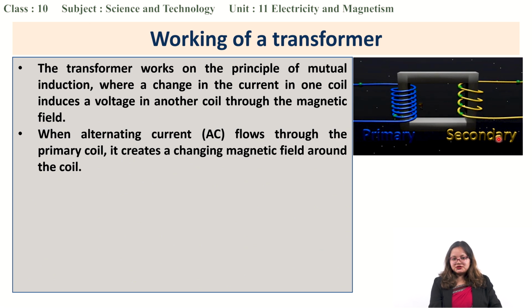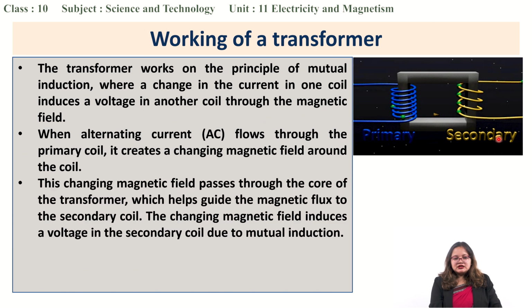It flows through the primary coil, creating a changing magnetic field around the coil. This changing magnetic field passes through the core of the transformer, which helps guide the magnetic flux to the secondary coil. And of course, the changing magnetic field induces a voltage in the secondary coil due to mutual induction.